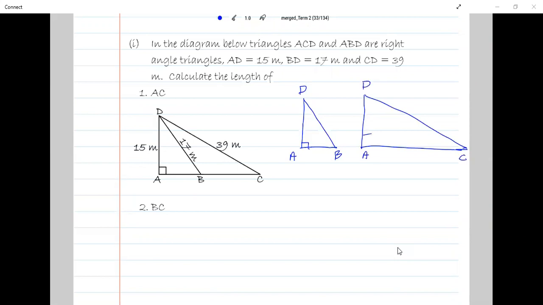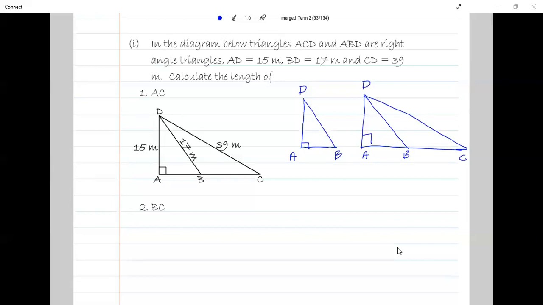All right. Now, the only issue is that the smaller right angle triangle is inside of the larger right angle triangle. So if I did this, this would be the scenario that we have. The triangle ABD is inside of the triangle ABC and ACD, and the two triangles share a common side, and that is the side AD, which is 15 meters.